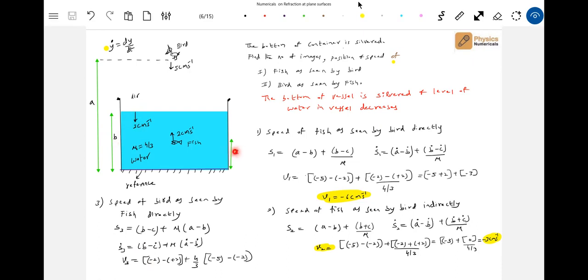The distance C increases, so dC by dt, C dot, should be positive. dA by dt: as the bird moves, A will decrease, so dA by dt will be negative. Level of liquid falls, dB by dt negative, whereas dC by dt will be positive. So where B dot is negative, C dot will be positive. This will solve it. Minus 4. V3 equals, this will be minus 4, minus 5 plus 2, minus 3, minus 4, minus 4, minus 4, minus 8.